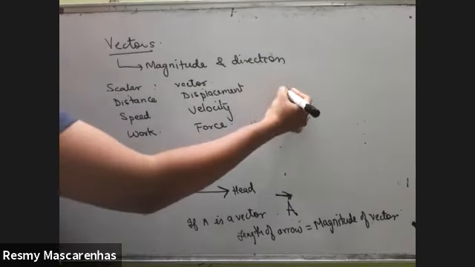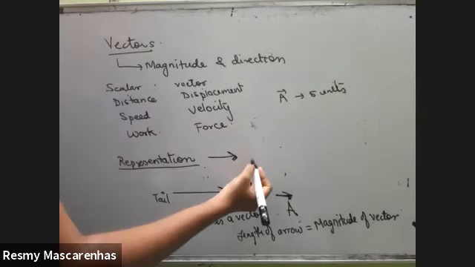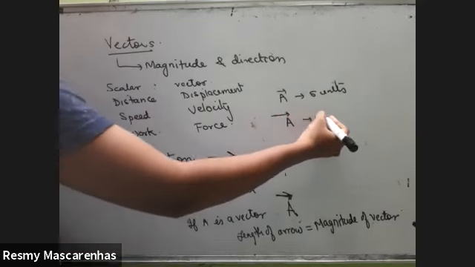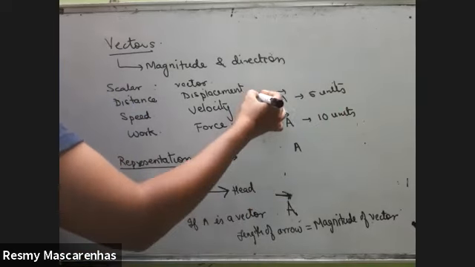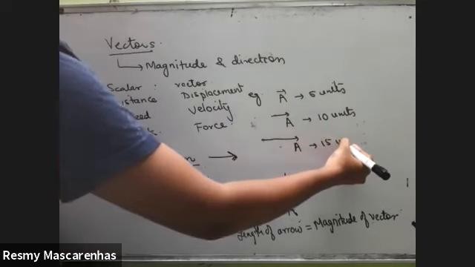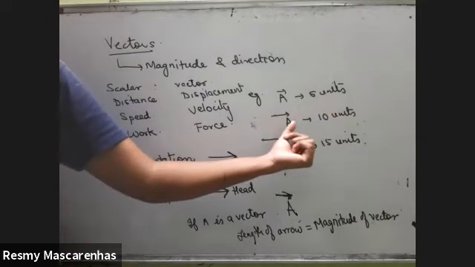Suppose this has 5 units. Then 10 units will be double of that. If you have something bigger than that, it would be 15 units. The length of the arrow always represents the value of the vector.